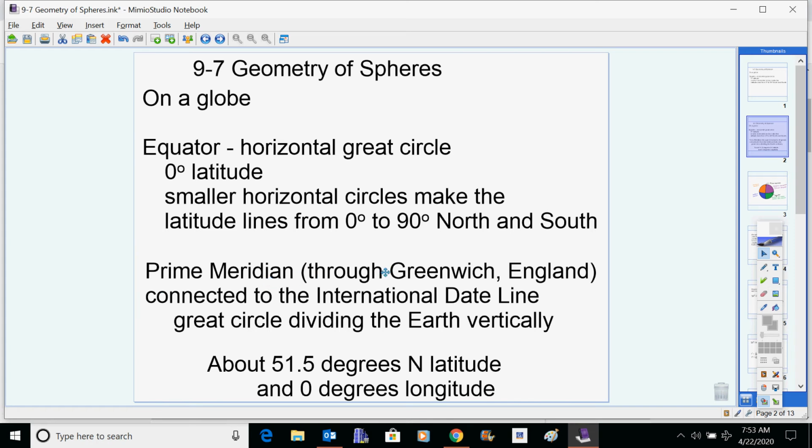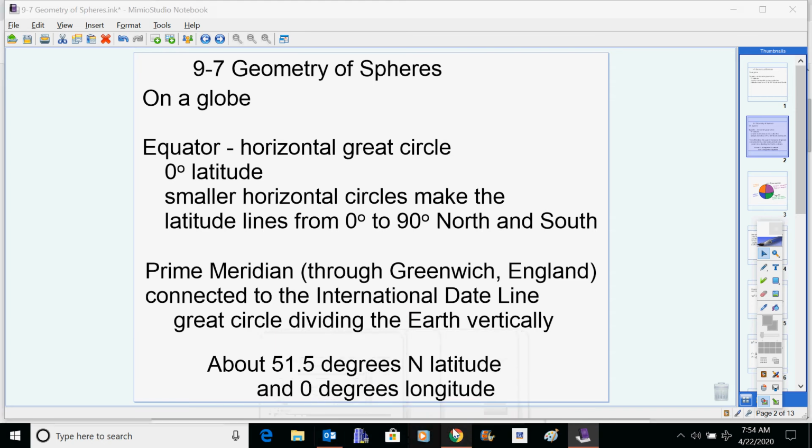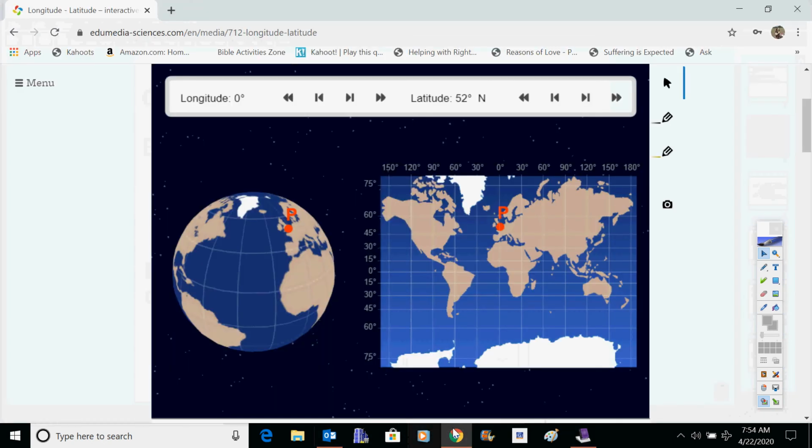The line that goes through Greenwich, England is called the prime meridian. It is where 0 degrees longitude has been designated. It is the great circle that goes through Greenwich, England.